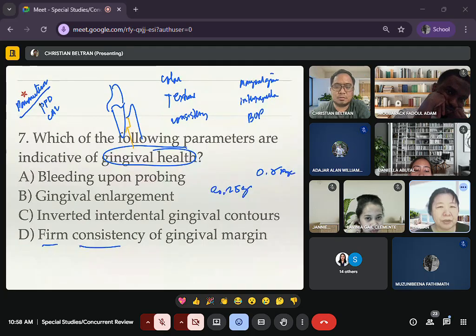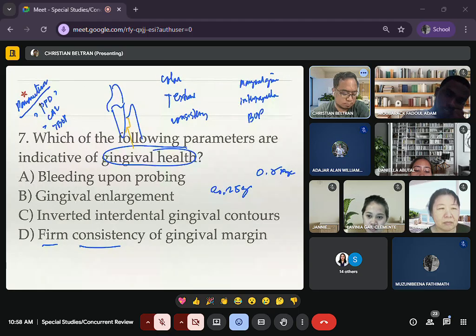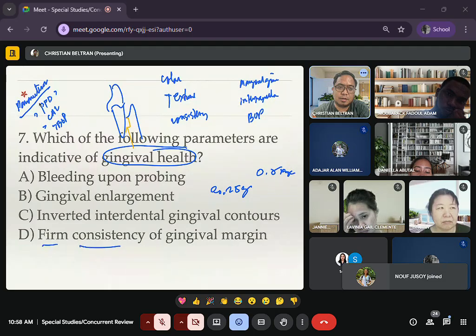That's correct. What else? Bleeding on probing. What else? Gingival recession.